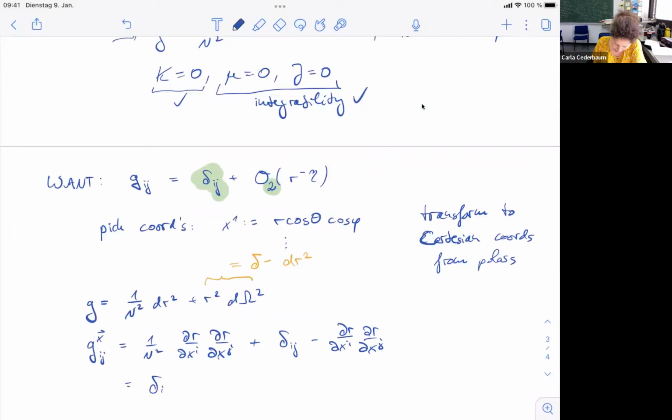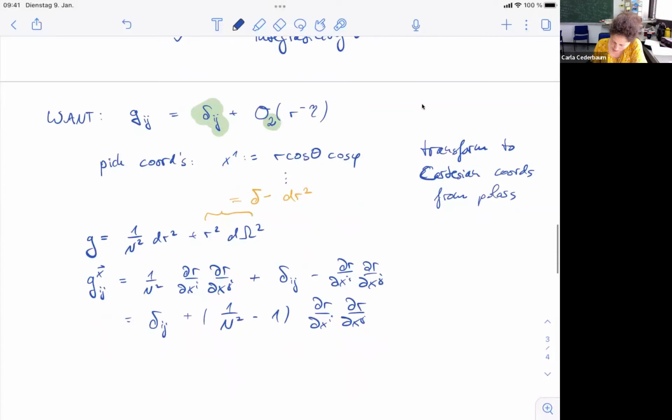We already have a nice delta ij, and then we have 1 on n squared minus 1 times dr/dxi dr/dxj, and I can compute that this is nothing else but xi xj over r squared, because this is just the usual transformation between spherical polars and Cartesians. And this, by the definition of the lapse in Schwarzschild, is 1 minus 2m over r, to the minus 1.